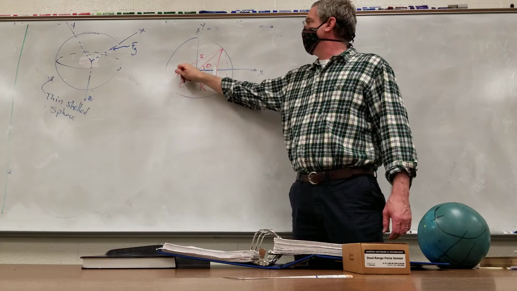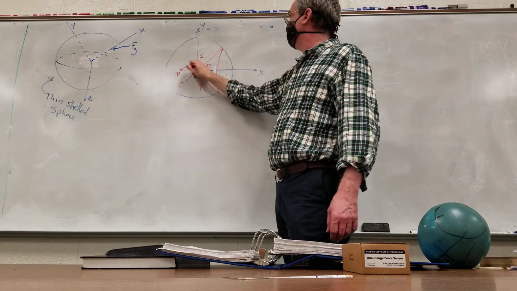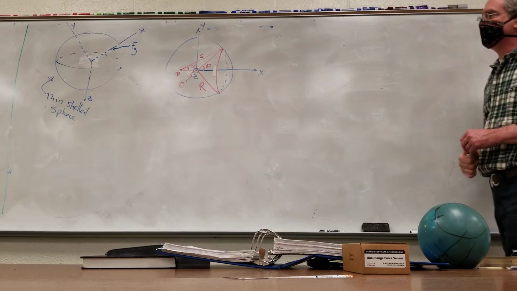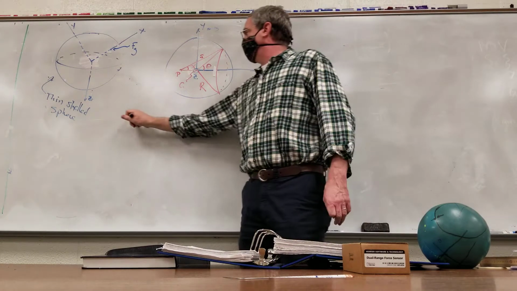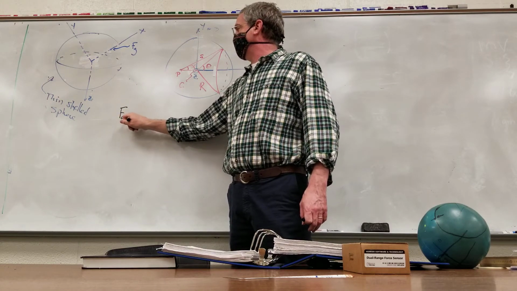That's the center. And this angle right here, I believe alpha is what I've done before, yeah, alpha. So what we're trying to find is the gravitational pull at point P.